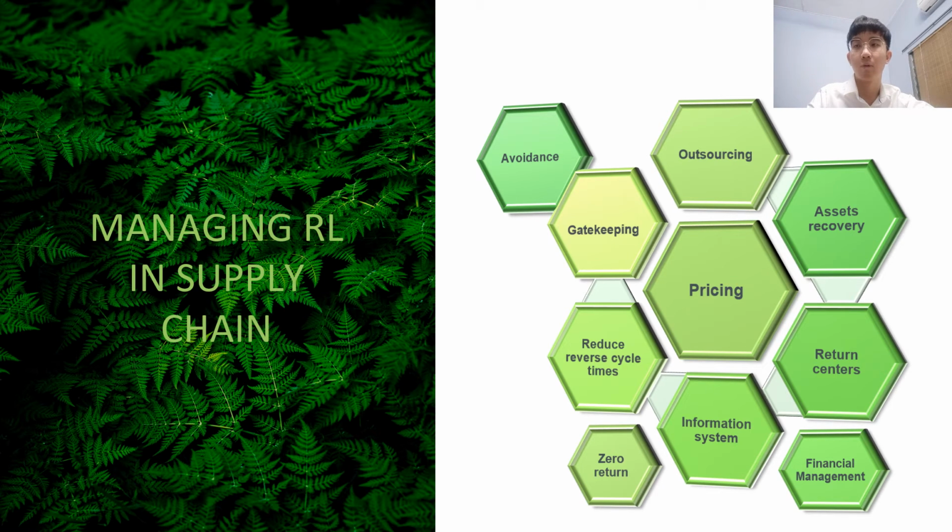Next, reduce reverse cycle times, which is compressing processing time to enhance value recapture. Next, the information system. This helps to improve product visibility and maximize the economies of scale. Next, return centers. The optimal locations and facility layouts for return centers.